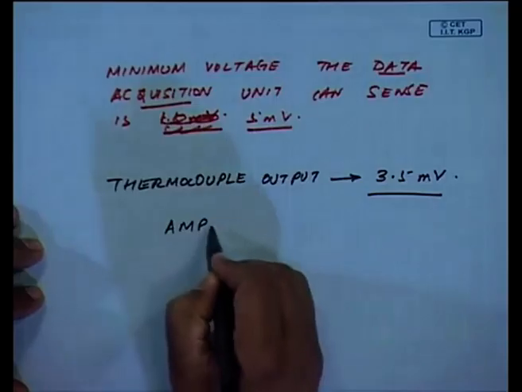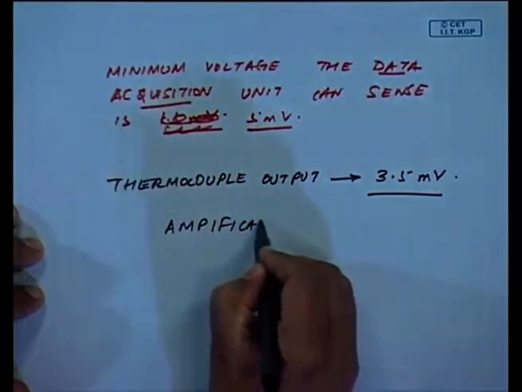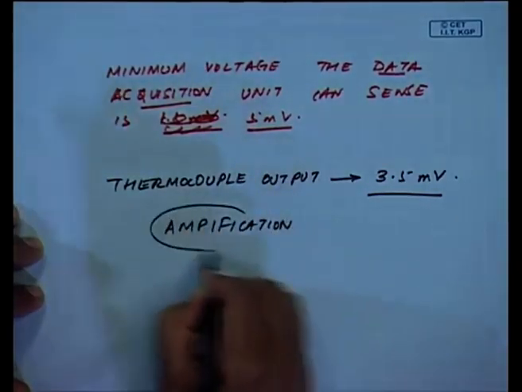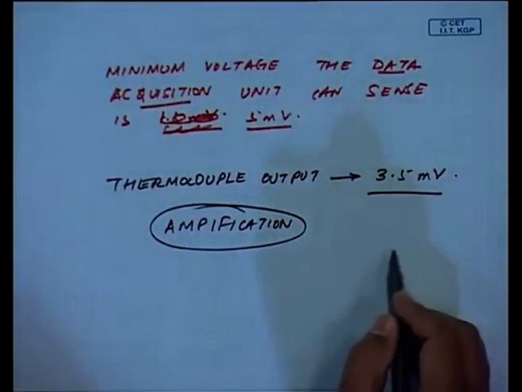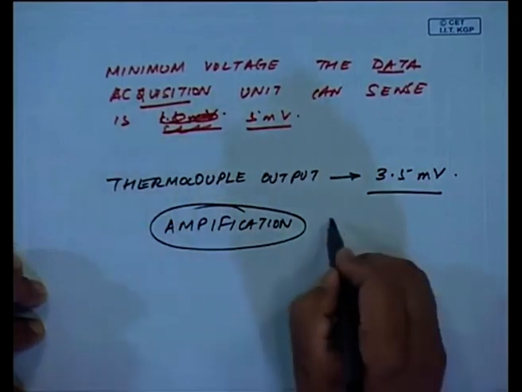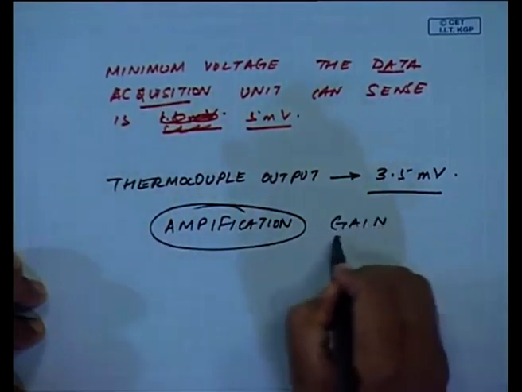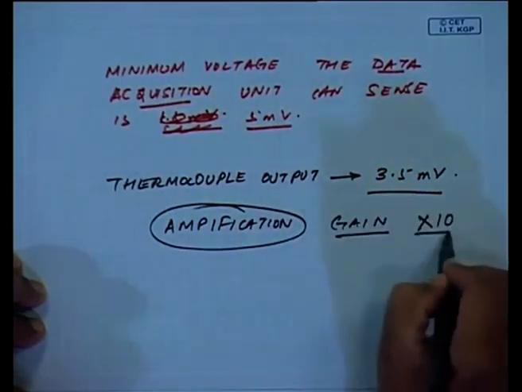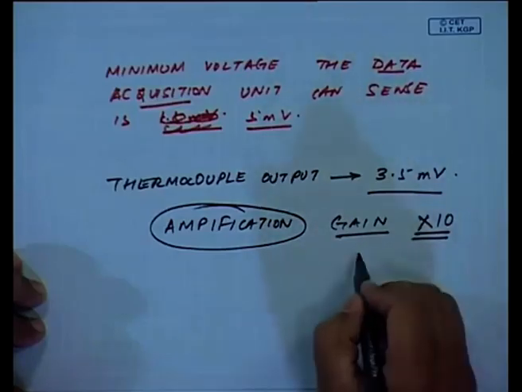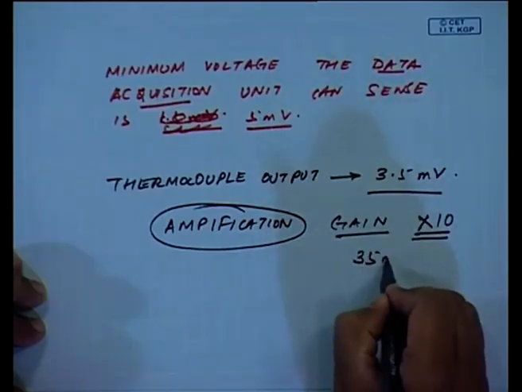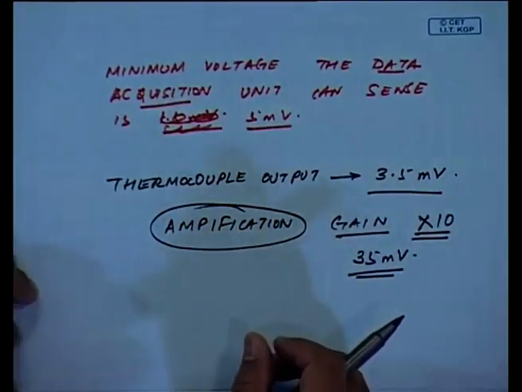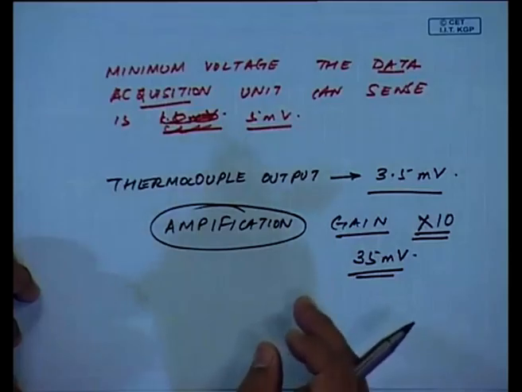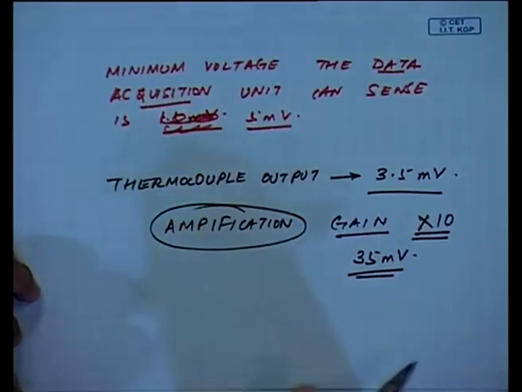So, amplification is a solution to the problem. Maybe I will increase it by a gain of 10, gain usually written as multiplied by 10, or x 10. That means this becomes 35 millivolt. So, one such intermediate unit or signal conditioning unit is an amplifier or amplification unit.